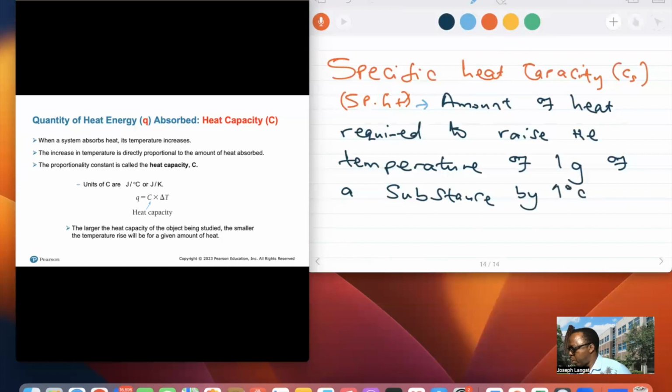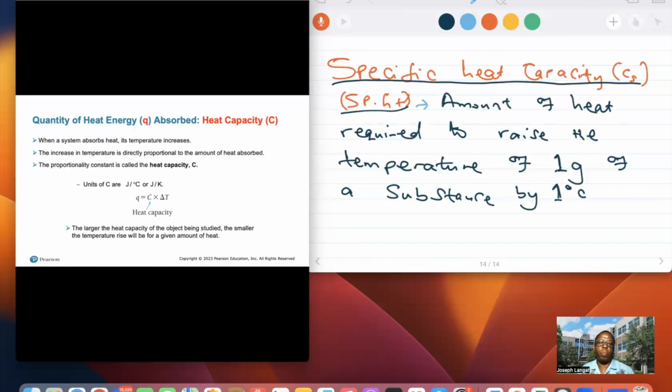So that's how you define the specific heat capacity of a substance. You'll see some of the literature values for a few substances in the text, and you'll be given them.